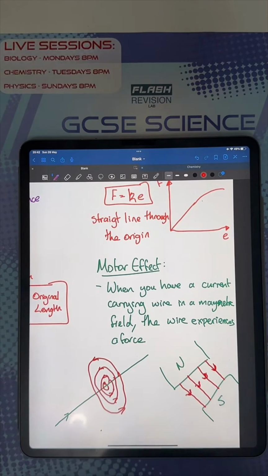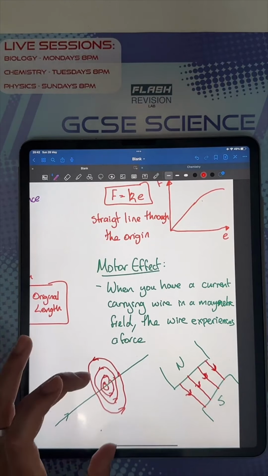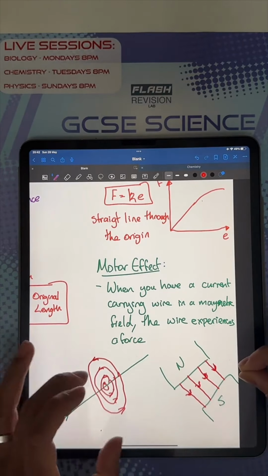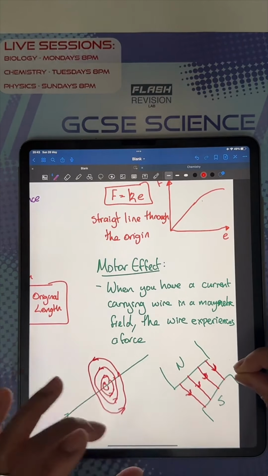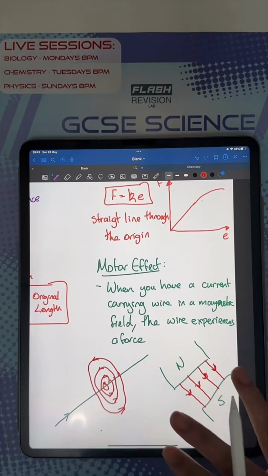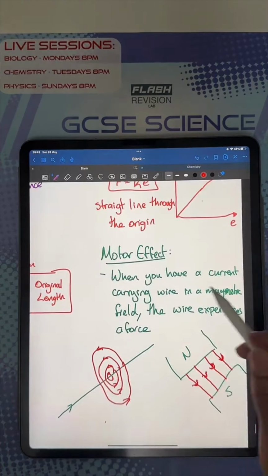And what happens is this magnetic field is inside this magnetic field, and both magnetic fields start to interact with each other. When the fields interact, it causes a force to be created. That's why all of this happens.